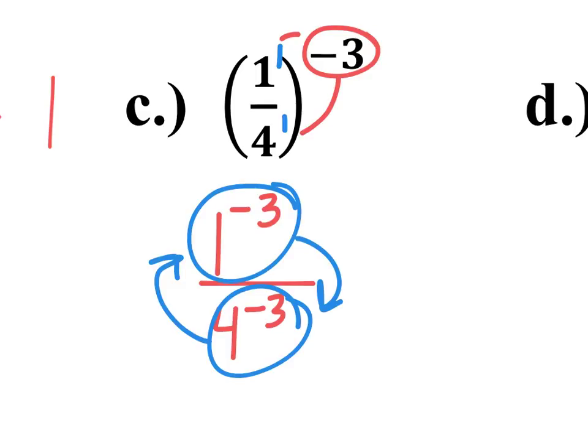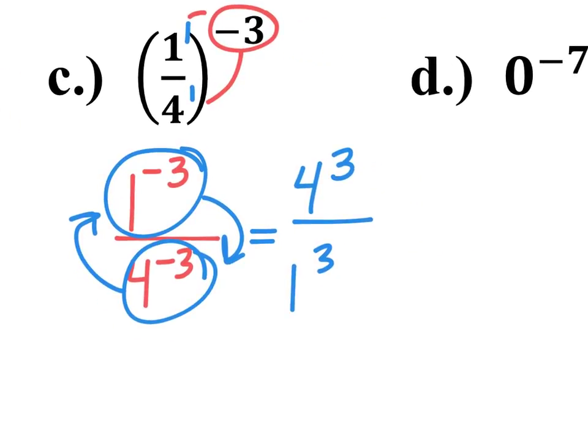This happens because they're both negative. This is not going to happen every single time you have something on the top and the bottom, just if they're both negative. So this is going to end up being 4 to the positive 3 on the top, 1 to the positive 3 on the bottom. If I ask you to evaluate, 4 times 4 is 16 times 4 is 64.